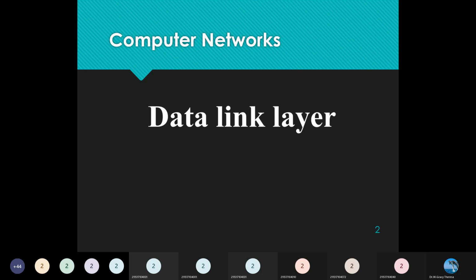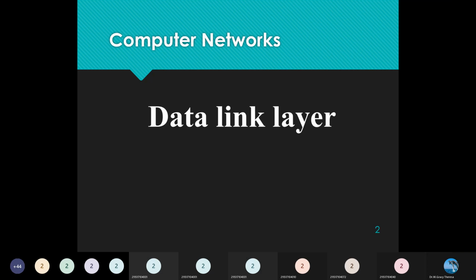That is its main responsibility. Why does this layer tend to be more complex? When it deals with multiple hosts on a single collision domain. If it is between two systems, there is no problem, but if it is connected with multiple hosts on a single collision domain, then the complexity arises.